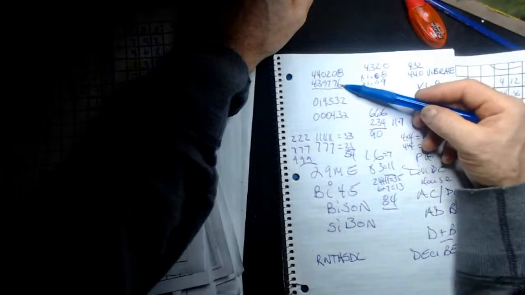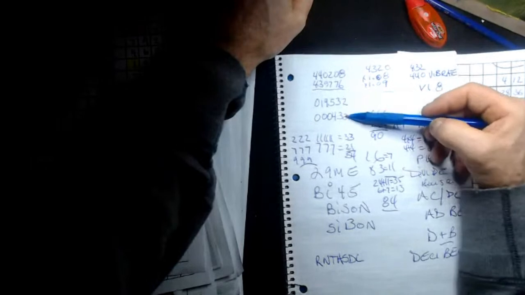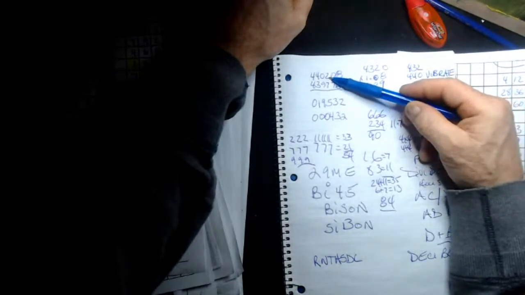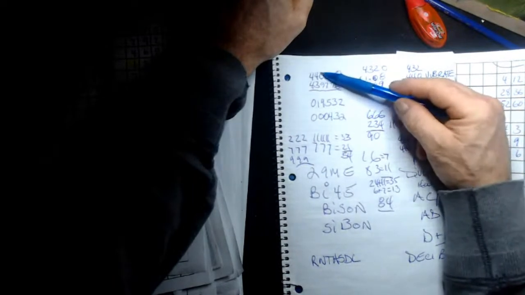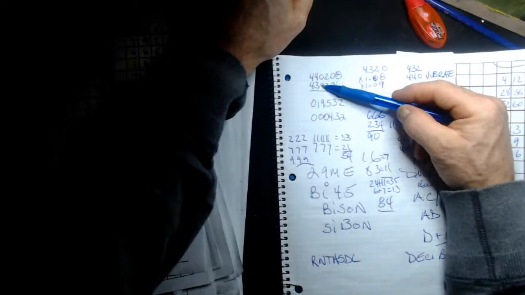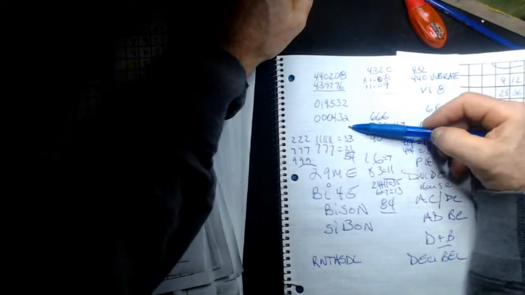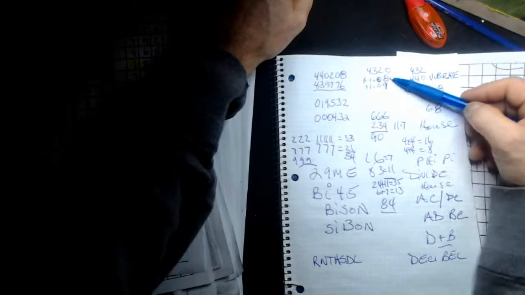Then when I remove it to a full digit, 8 minus 6 is 2, 7 minus 0 is 3, 7 minus 2 is 5, carry over the 1, 4, 9, carry over 4 over here, equals 10, carry it over here, 389,000, we get the 432 vibration. We're missing it.